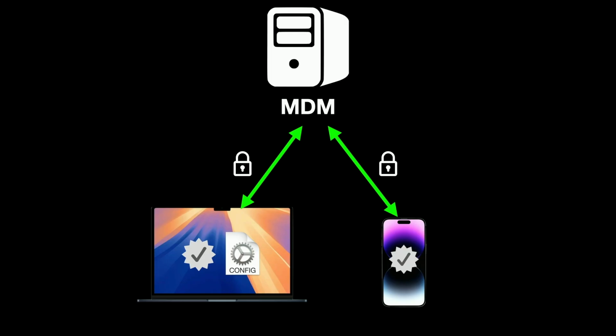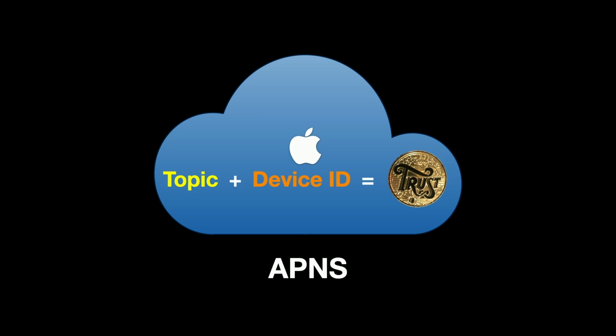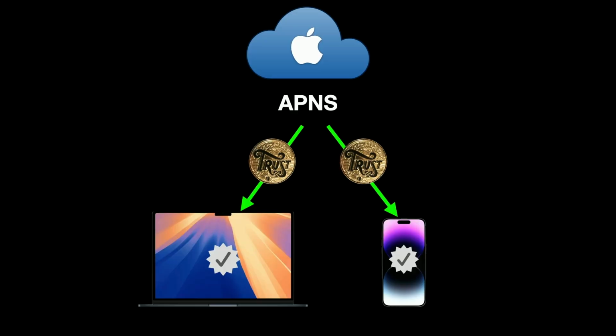It's able to communicate securely. Now that the MDM profile is in place, the device will register itself with APNS using the topic. APNS will then generate a token based on the combination of the device ID and the MDM topic. And once APNS has generated that token, it'll get sent down to the device.